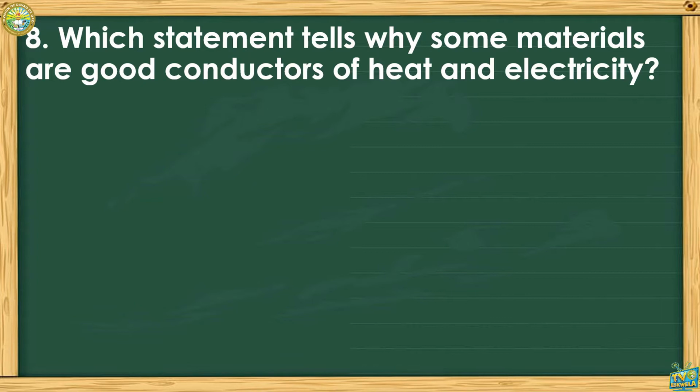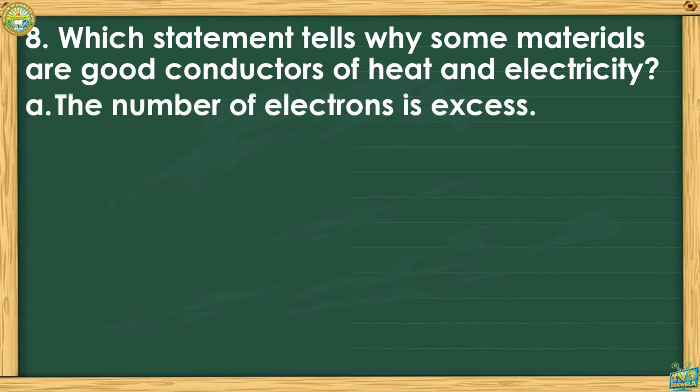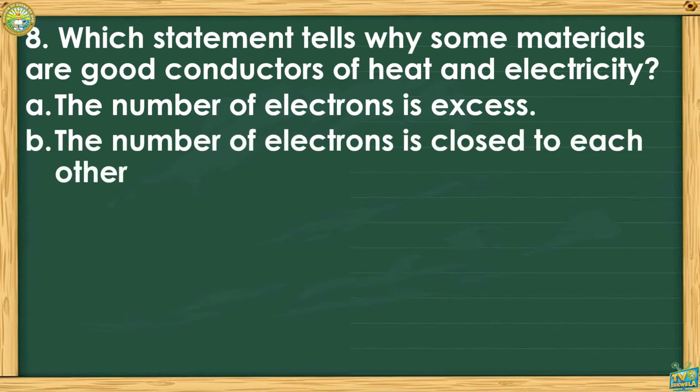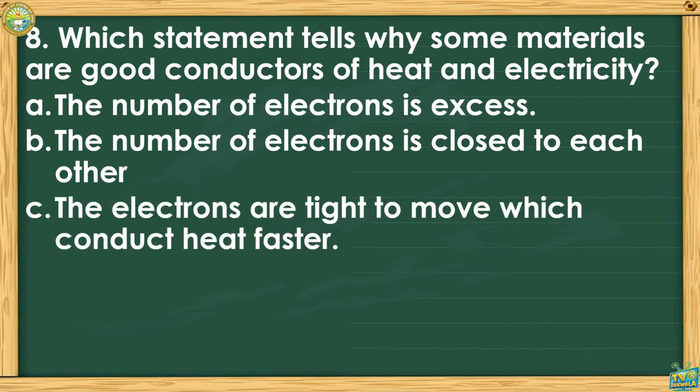Number 8. Which statement tells why some materials are good conductors of heat and electricity? A. The number of electrons is excess. B. The number of electrons is close to each other.